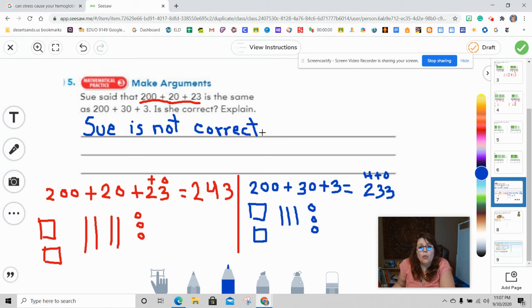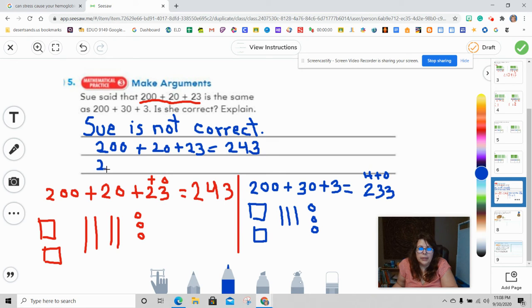Now I have to prove why. Why is she not correct? Because 200 plus 20 plus 23 equals 243.